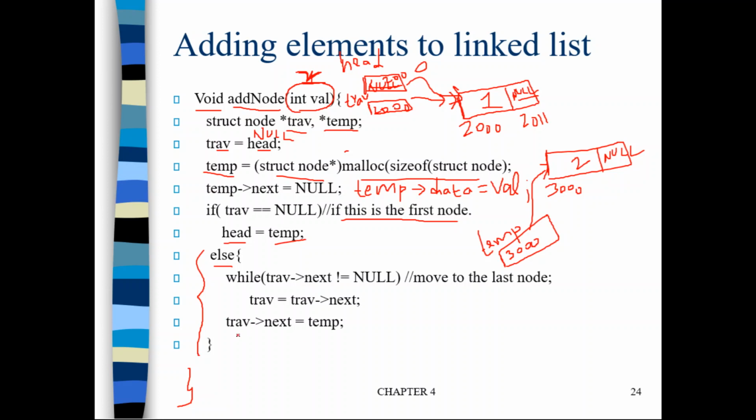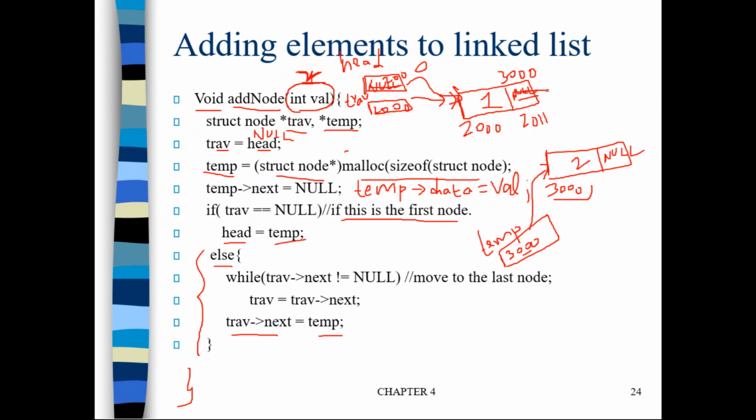After coming out, traverse arrow next is equal to temp. Traverse arrow next is the first node's next pointer, and that will be equal to temp. What is temp? 3000. So the first node's null will now be replaced with 3000.